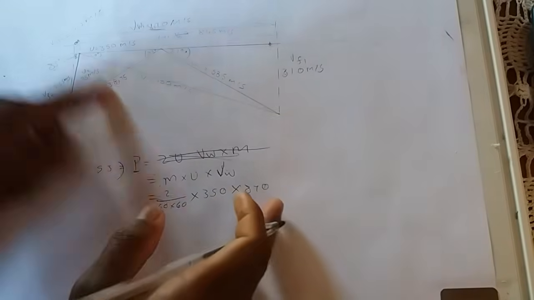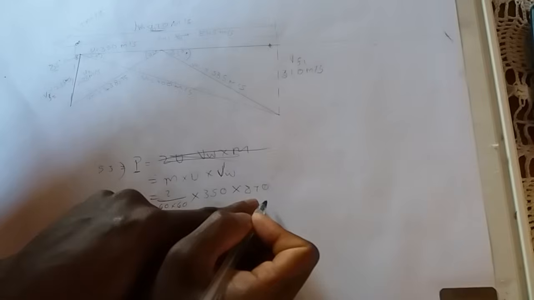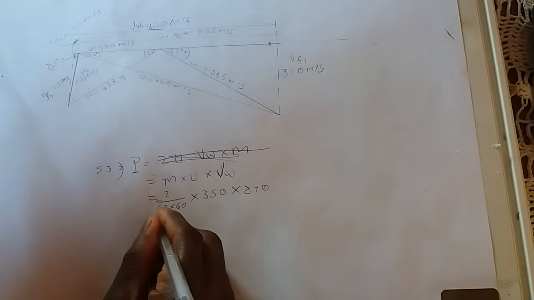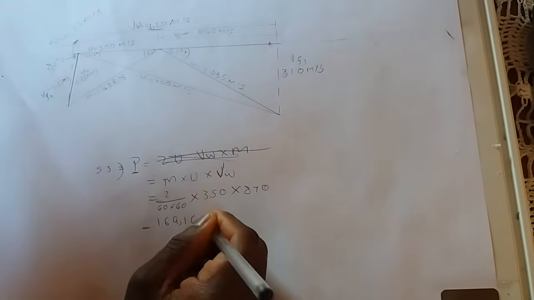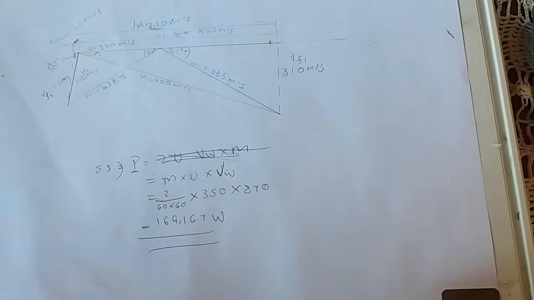So you see, it is very important that you do everything according to scale, because that value you have to use here. And then now when I do the calculations here, I got that my power will be 169.167 watts. And then that is the end of our question.